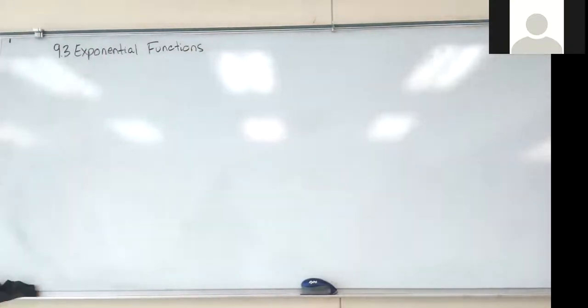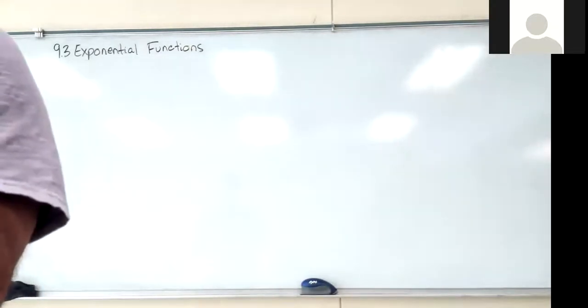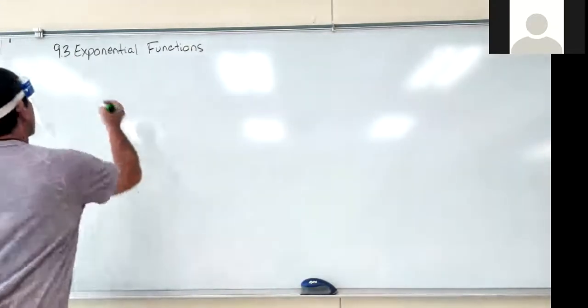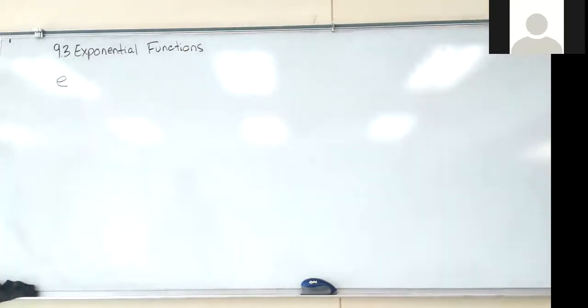All right, so we start out introducing us to a constant that we have in math. Y'all ever seen that little E? They call that Euler's number.